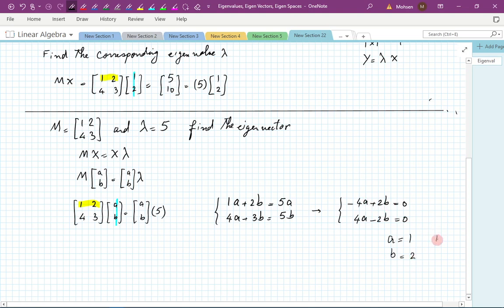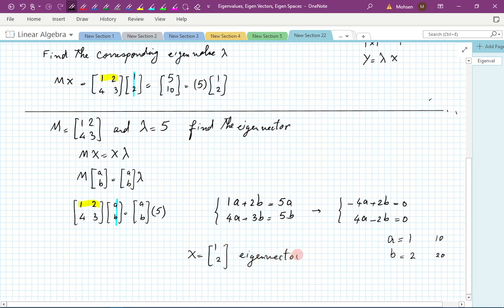So you have other choices, but if possible, we go to the smallest set of whole numbers. So if I have my a and b, that means I have found my eigenvector x: a turned out to be 1, b turned out to be 2, and that is our eigenvector.